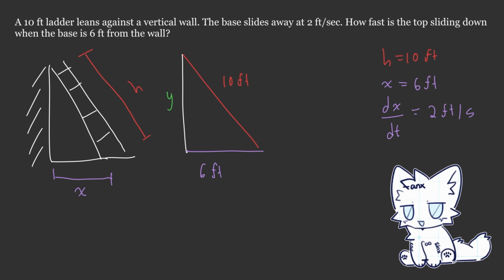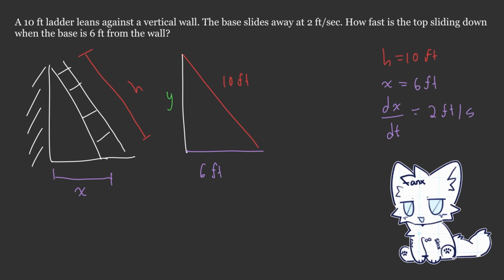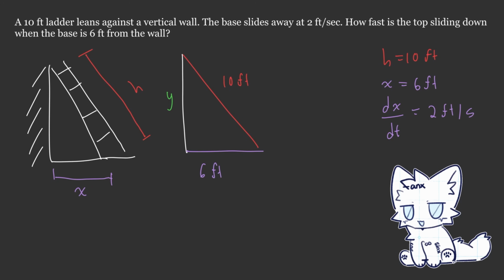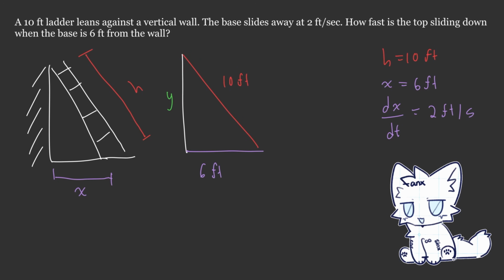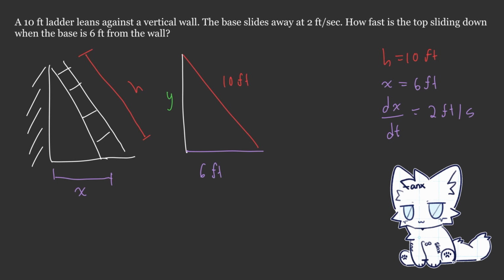So we can use the Pythagorean theorem to create an equation that will help us find the rate of change of how fast the top is sliding down. We're trying to find the rate of y, the rate of the vertical height, and how it changes with respect to time, right?